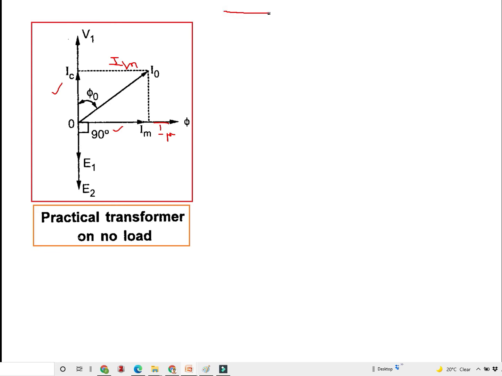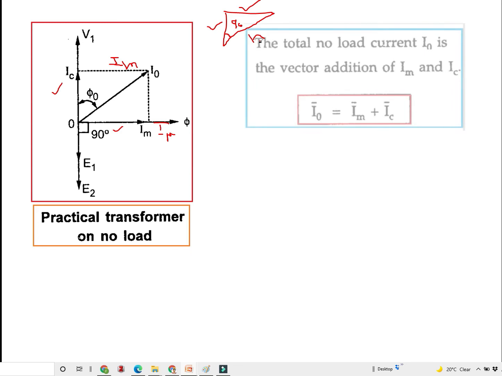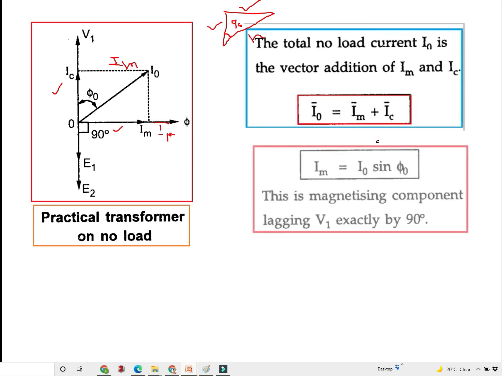So it looks like a right angle triangle like this. With the help of the Pythagoras theorem, I can derive this. So this is your phi naught, and this is your adjacent side, this is your opposite side, this is your hypotenuse, correct? So cos phi naught is adjacent by hypotenuse, and sin phi naught is opposite by hypotenuse. Based on that, I can derive these two things.